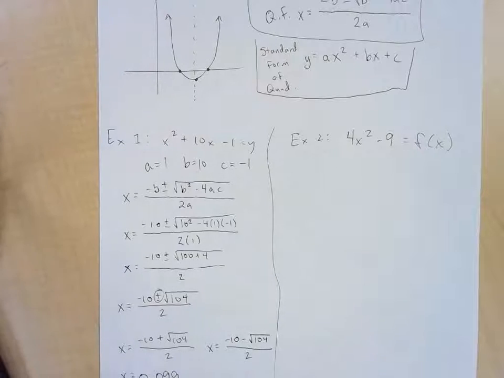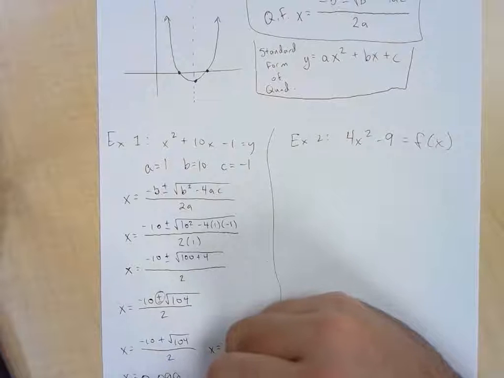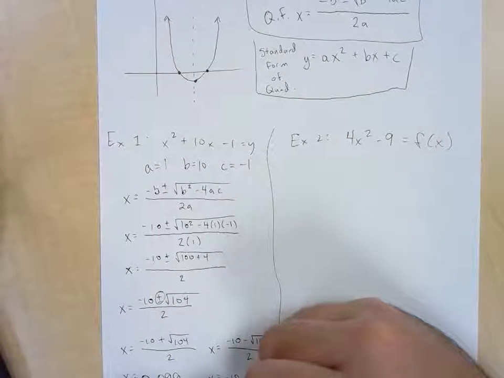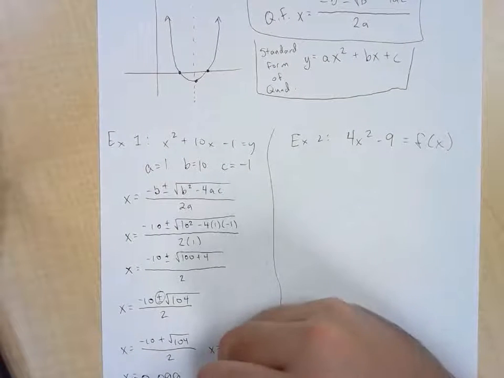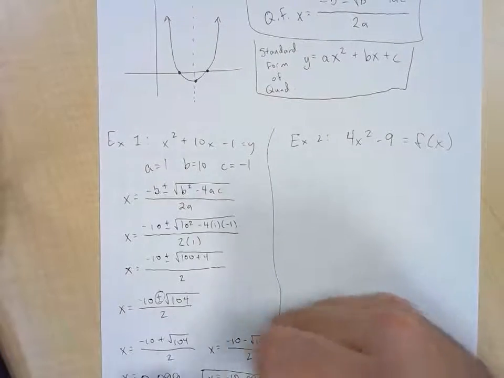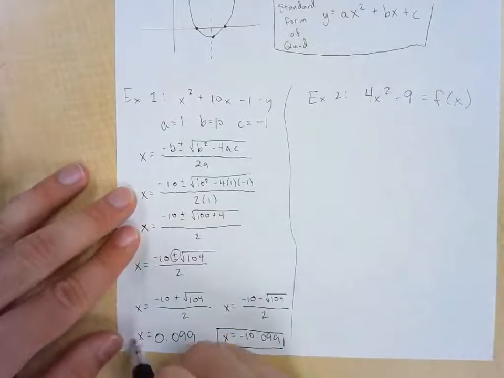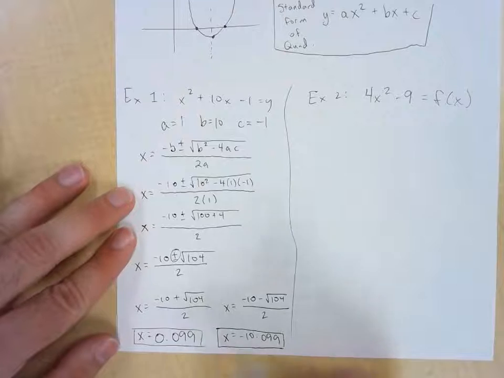So we get one of our decimal answers, do the same thing for the other one, so negative 10 minus the square root of 104, and then divided by 2. I get x equals negative 10.099. So that's one of my roots and the other root. And that's how we do this one.